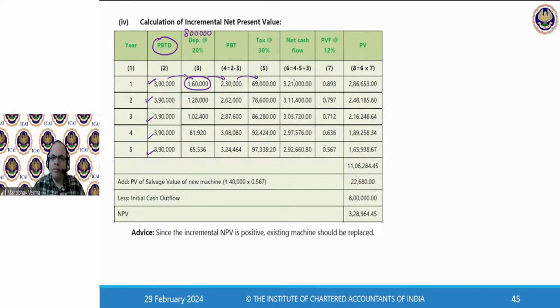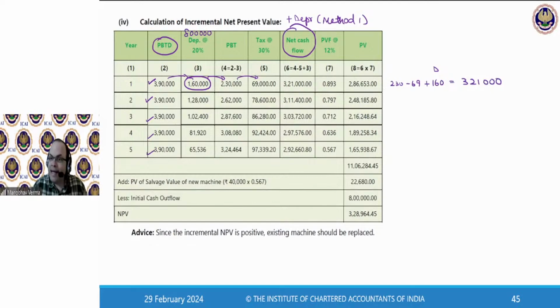Then, mind you, net cash flow is calculated by adding back the depreciation. Remember, we discussed method one yesterday, where you add back the depreciation. So how do we arrive at 321? For example, 230 minus 69 plus 160. 160 is depreciation which is added back, which gives me 321,000.